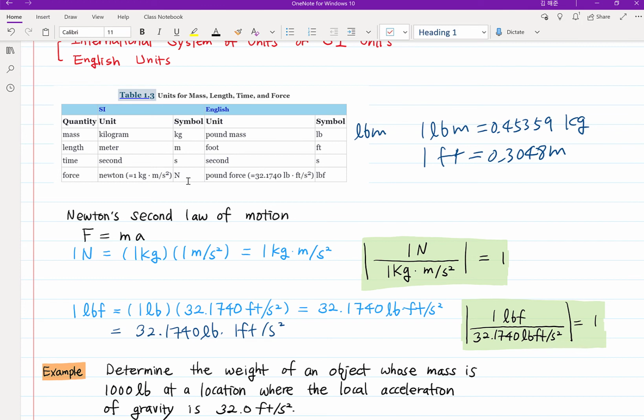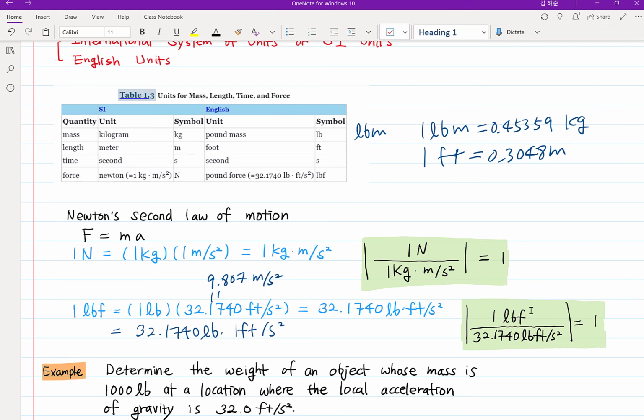And gravitational acceleration, 32.1740 feet per second squared, equals 9.807 meter per second squared in SI units.